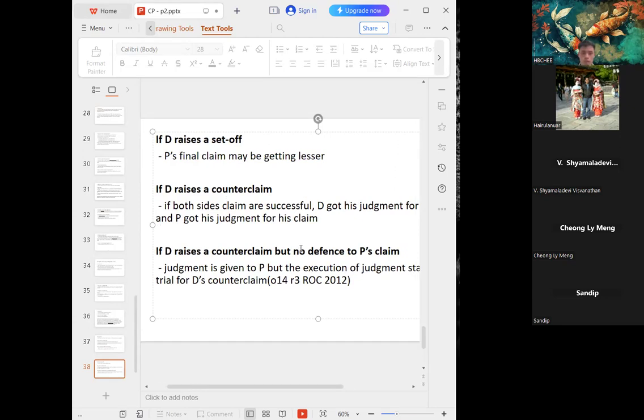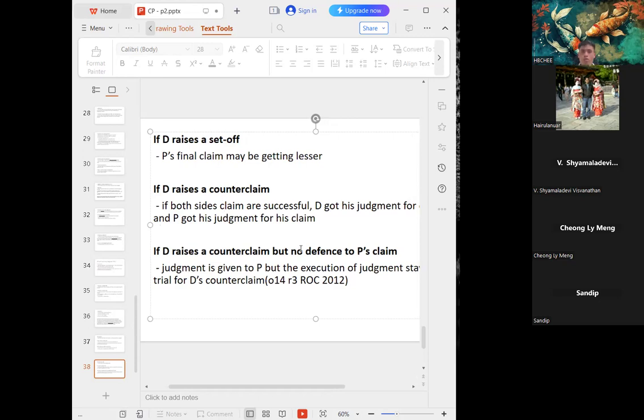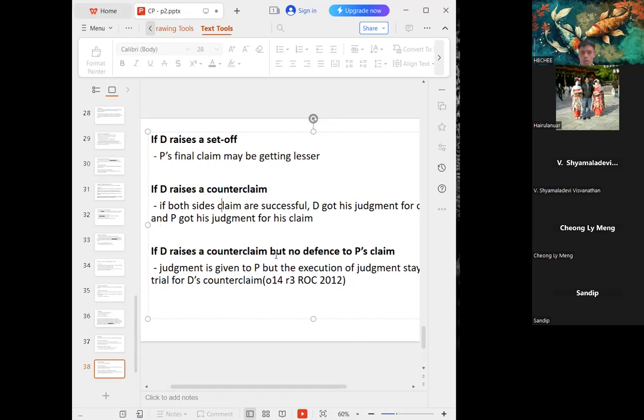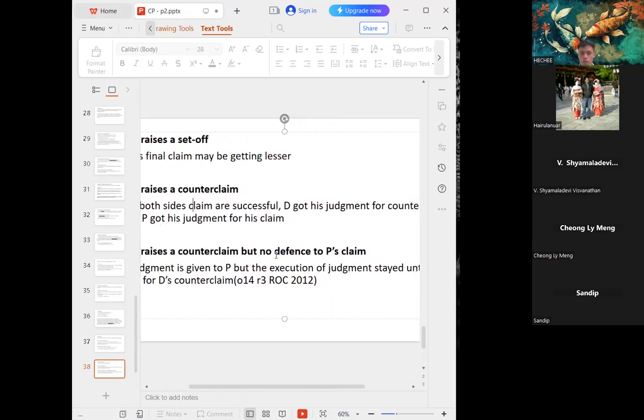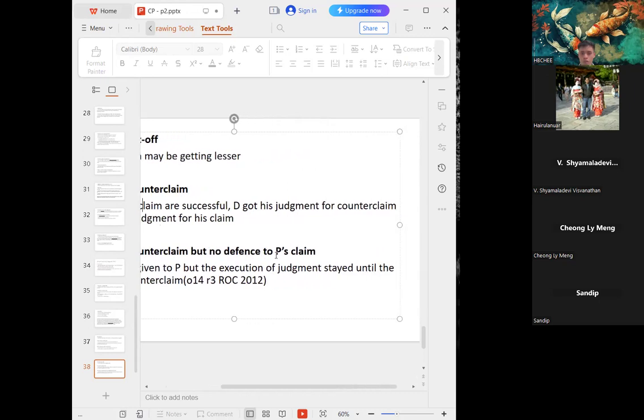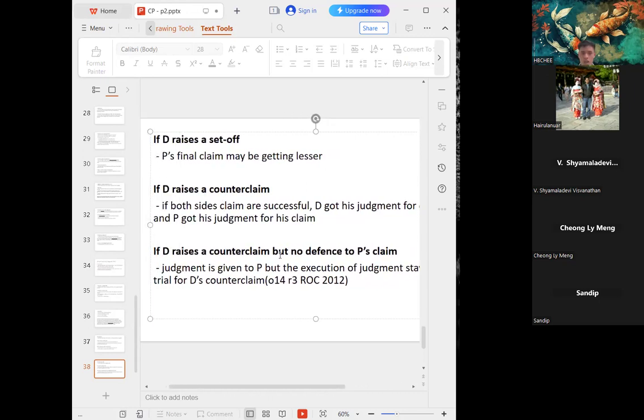So when the defendant raises a counterclaim but no defense to the plaintiff's claim, the judgment will be given for the plaintiff, but the execution of judgment will be stayed until the trial of the defendant's counterclaim. Because no matter what, you still have to wait for the full trial, and only then can you execute the judgment. So here is the meaning.